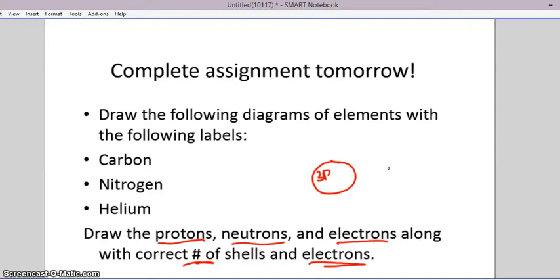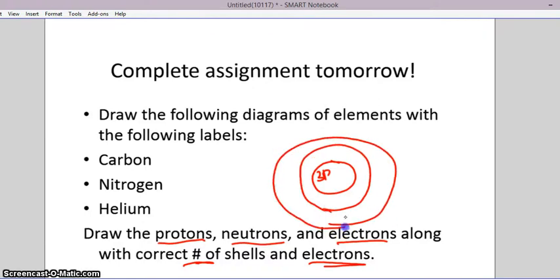Well, looking at the periodic table, I see that it was in period 2, so I'm going to draw 2 shells. I know the most that I can have in that first shell is 2. Okay, and I know that the atomic number is 3, so I know I'm going to have 3 electrons.